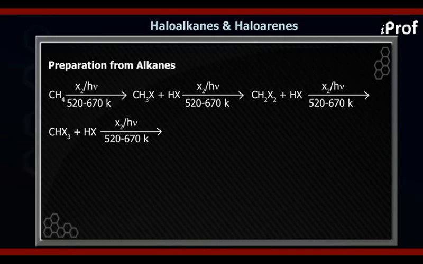We will have the product as CX4, which is known as tetrahalomethane or carbon tetrahalide. If it is chlorine, then we say carbon tetrachloride. If it is bromine, then we say carbon tetrabromide. Now in this particular reaction, at each and every step HX will be eliminated.